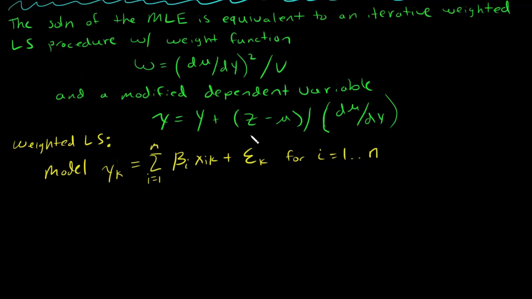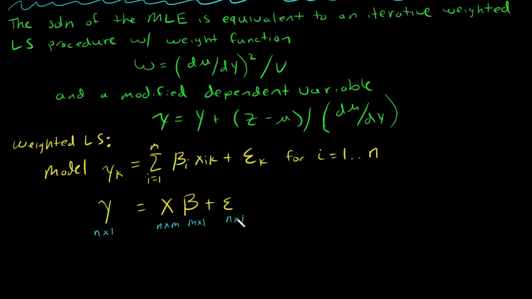Okay, and so I could write this using matrix notation, which I prefer. So I'll still use lowercase y, but with no subscript, and this is x times beta plus an error term epsilon. When I use matrix notation, lowercase y is an n by 1 vector, x is an n by m matrix, beta is an m by 1 vector, and epsilon is an n by 1 vector.